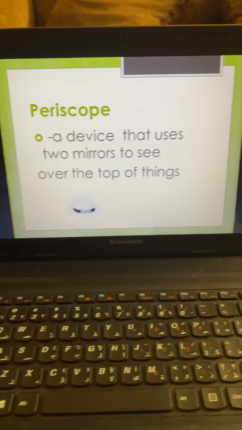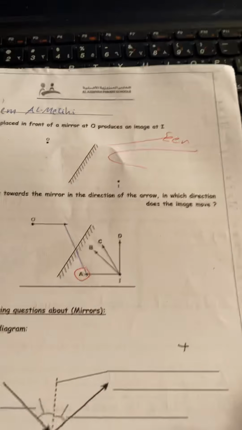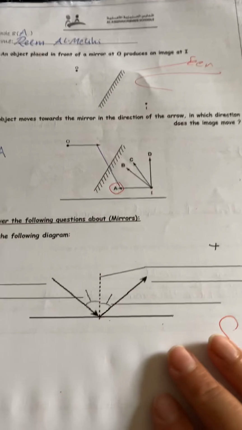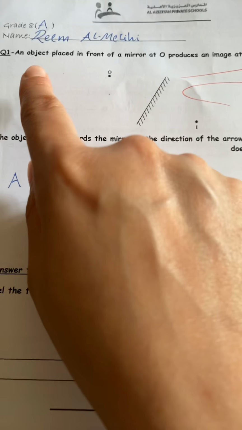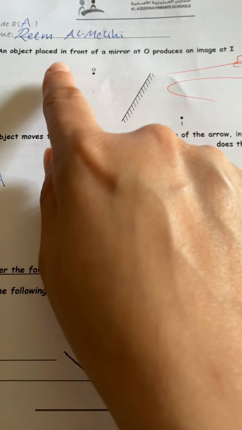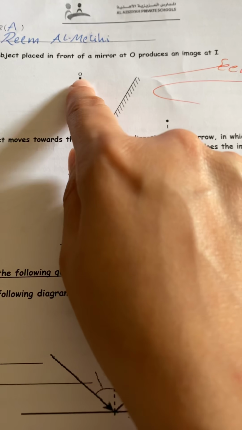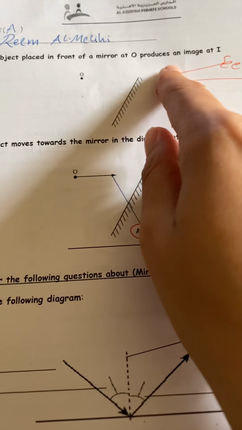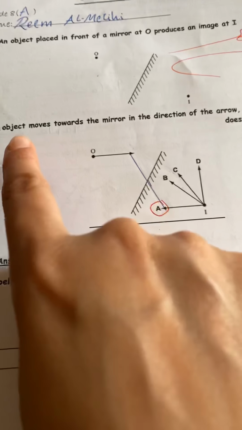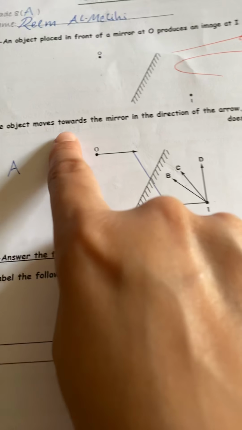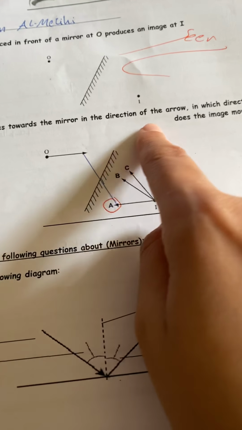Okay, now I want you to go to this page. Did we answer it? I'll answer this worksheet. An object placed in front of a mirror, the mirror, it's O, produces an image at I. The question is, the object moves towards the mirror in the direction of the arrow.